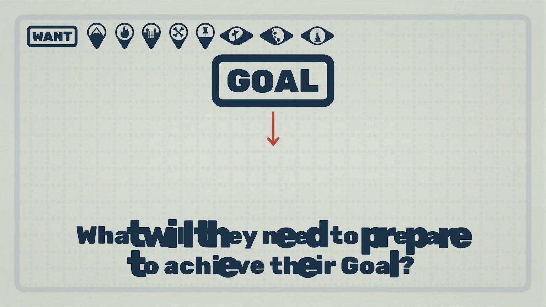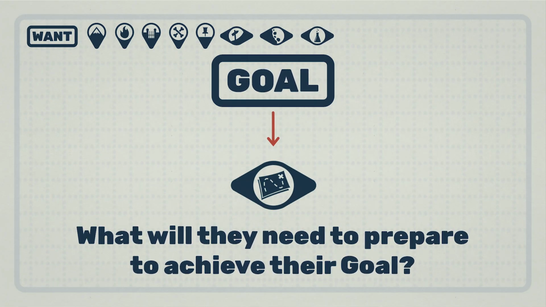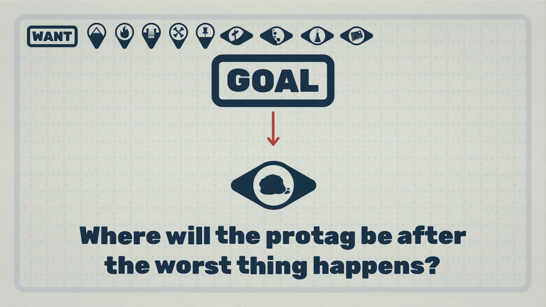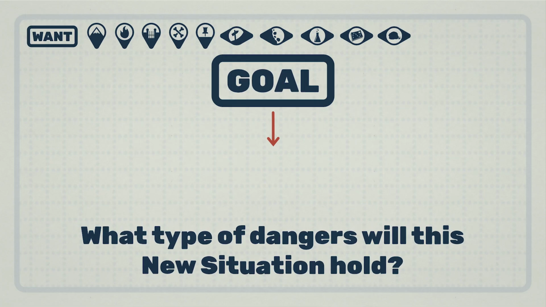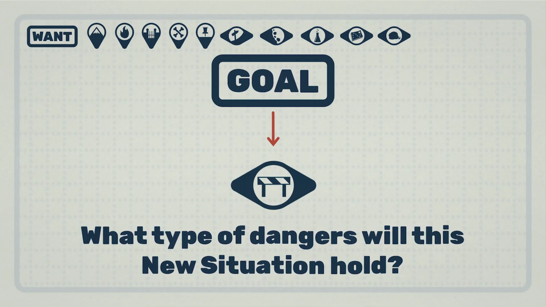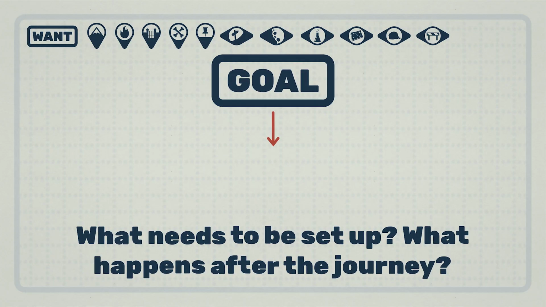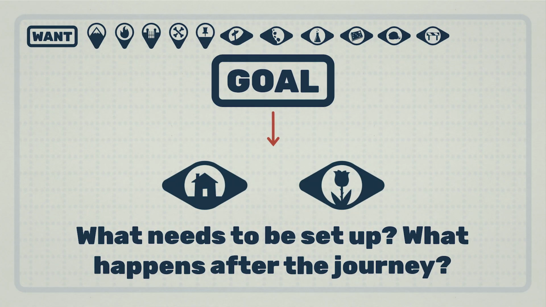Think about what they'll need to prepare to finally achieve their goal, and you'll have your final plan. And think about where they'll be after the worst thing happens to them, and you have your rock bottom. Ask what type of dangers this new situation may hold, and you'll have your hesitation. And finally, think about what needs to be set up for the story to work, and what happens after your protag achieves their goal to find your setup and aftermath.